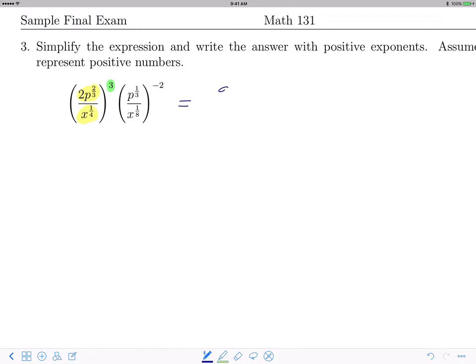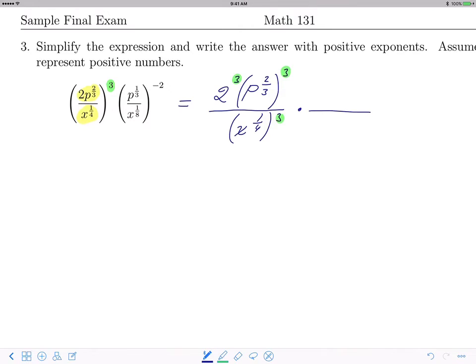So we have 2 to the 3, p to the 2/3 to the 3 over x to the 1/4 to the 3. You can see that this exponent of 3 acts on every factor inside the parentheses. Let's do that for the second piece as well.